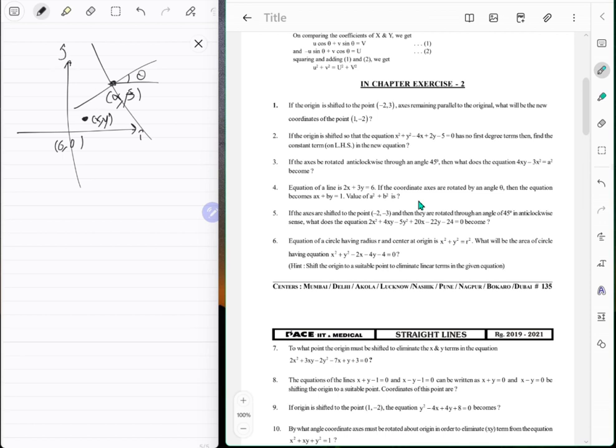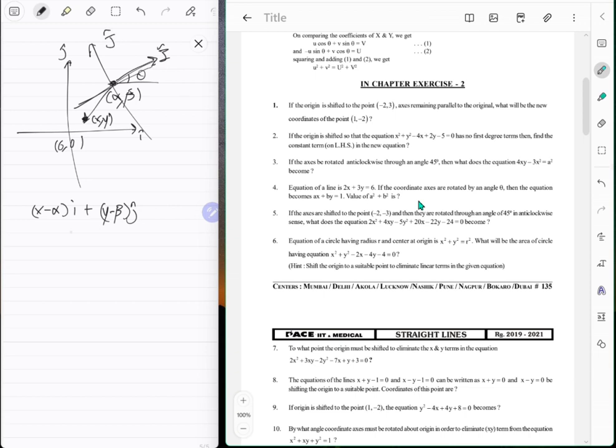So what is this vector? That's just x minus alpha i hat plus y minus beta j hat. And now we'll say this whole thing is capital I hat and this thing is capital J hat.